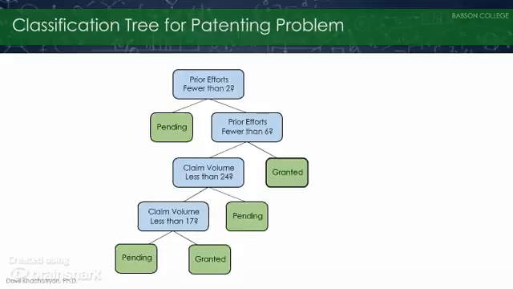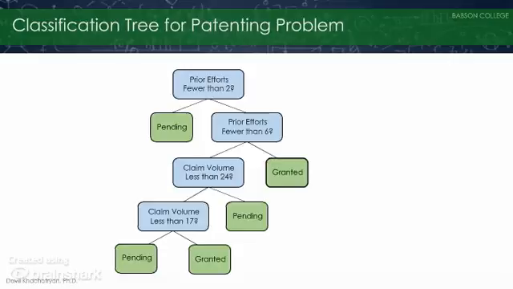And one final question that I want to discuss here is how these labels appearing on the terminal nodes get determined. Like, for example, if you look at this label granted that appears on this very last terminal node that we just added, why is it granted? How does the tree determine that it should label the node as granted?